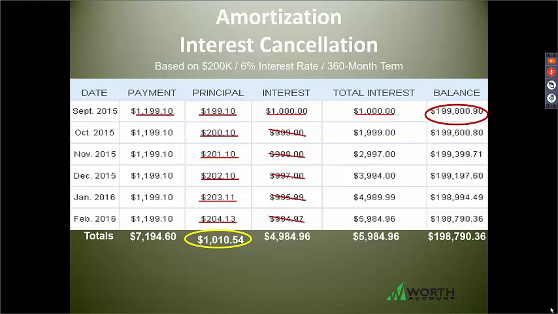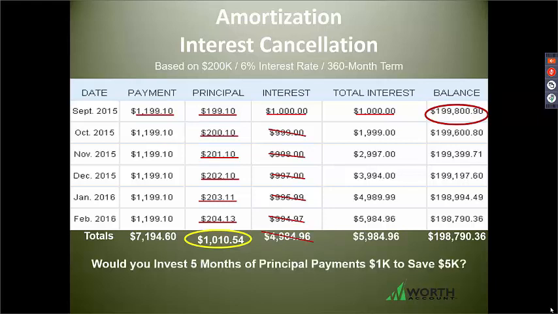It's going to slash all of these interest payments. We're going to cancel $4,984.96 in interest. So the question is, would you invest 5 months of principal payments, $1,000, to save $5,000?